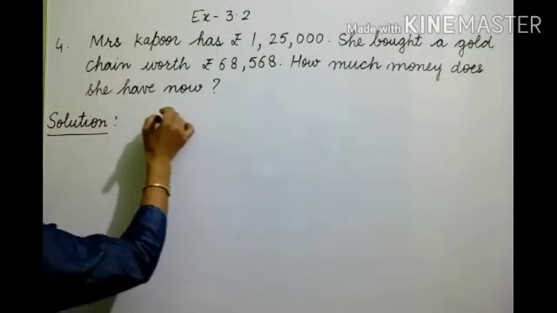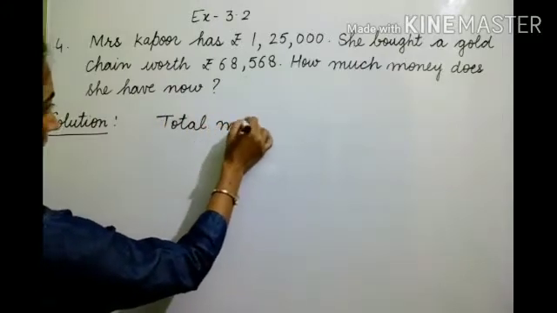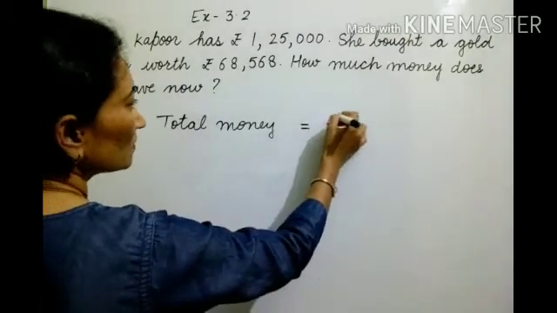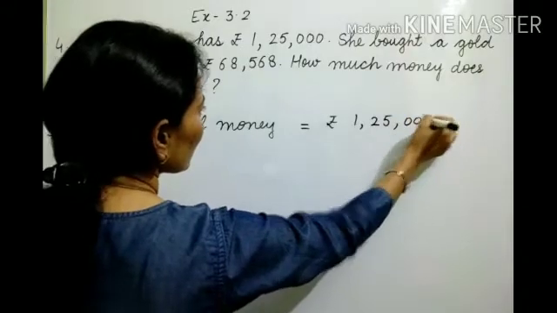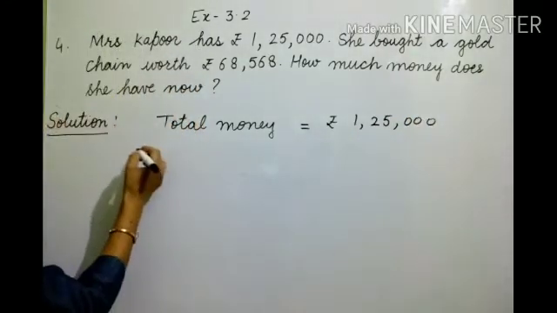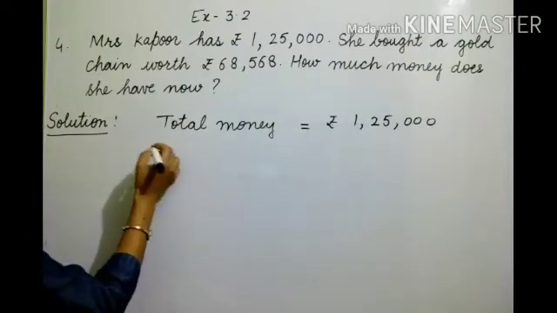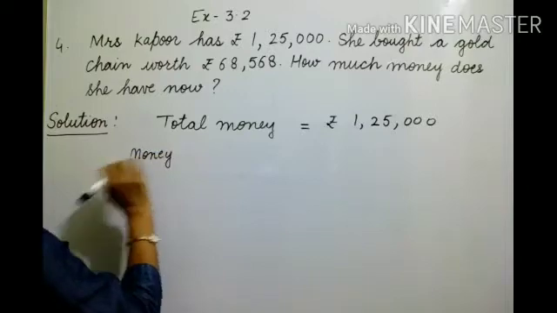So let us start. Total money was rupees 1,25,000. Money spent on gold, or we can say cost of gold chain. Both we can write.